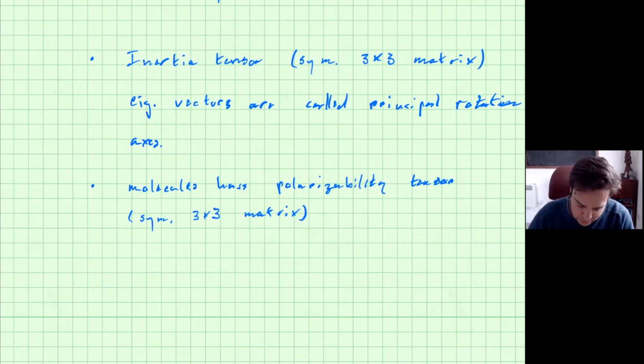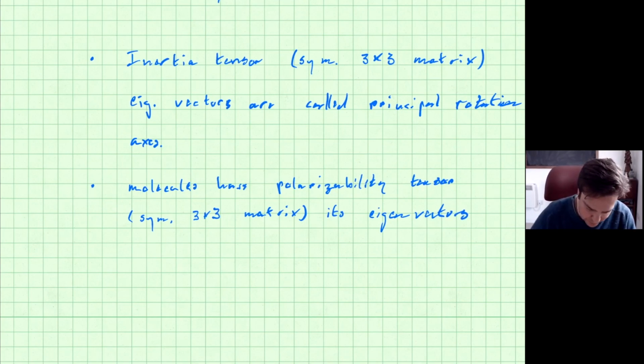And its eigenvectors have a name. They are called the principal polarization directions, or principal directions of polarization.